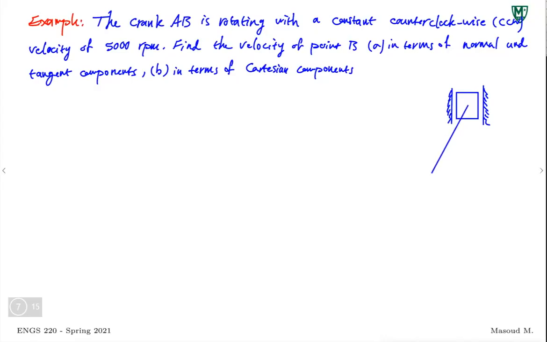Let's draw it in a way that it doesn't look like 90 degrees. These two are aligned, so I'll draw a dotted line, as good as I can do.